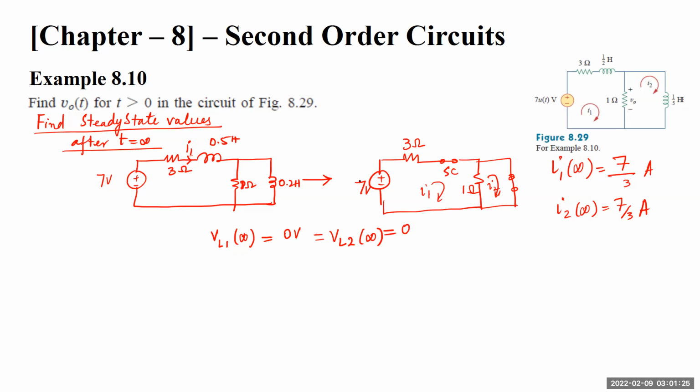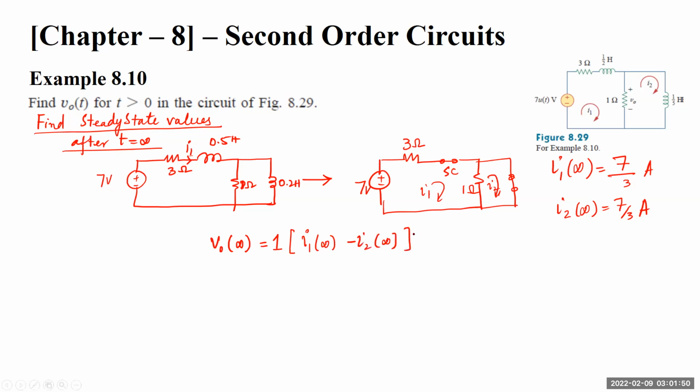So VL1 is, sorry, this is a wrong way to write it. It's not necessary at the moment. The other equation we need is V naught at infinity, because this is the voltage variable we are trying to find. So V naught at infinity will be 1 ohm times I1 at infinity minus I2 at infinity.